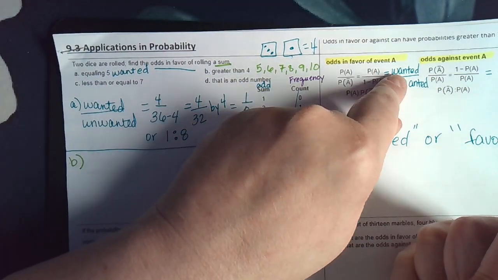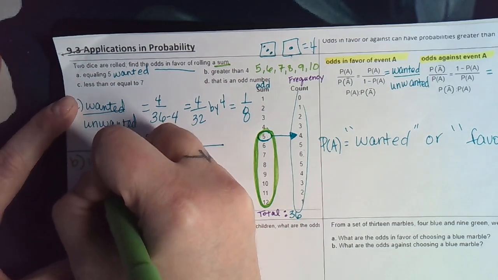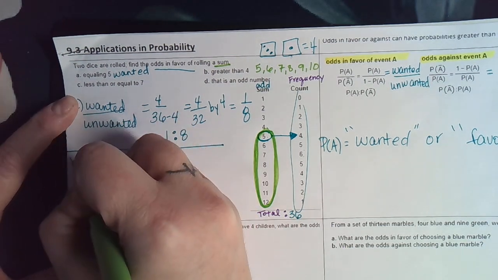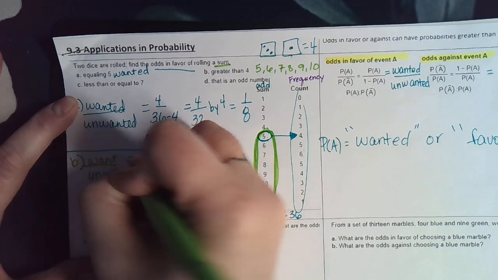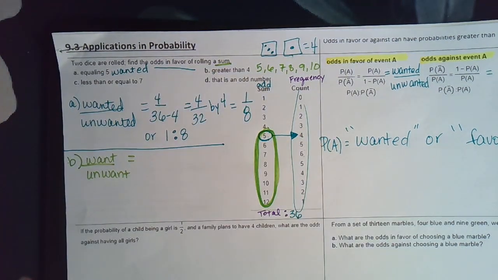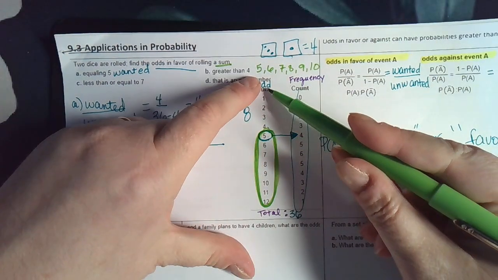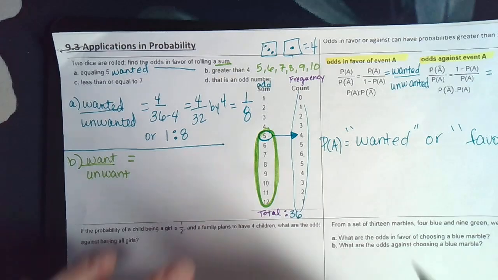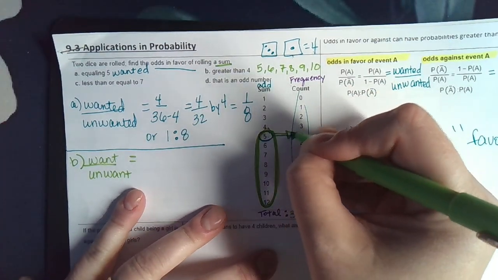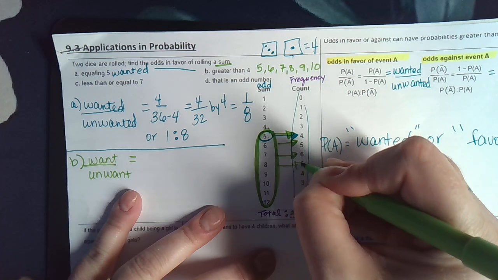Okay, so we still want the odds in favor. Odds in favor are what we want over what we don't want. So let's see what we want and what we don't want, the unwanted. To figure out what we want, we already found the sums greater than 4. It's all these numbers in here. But now we need to add up all their frequencies, and that will be the wanted.